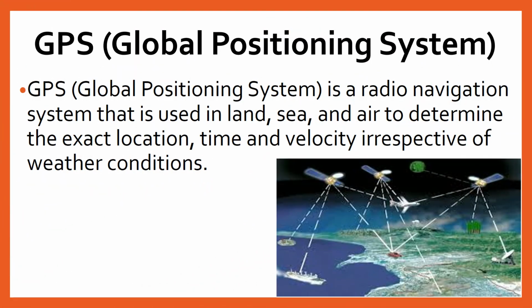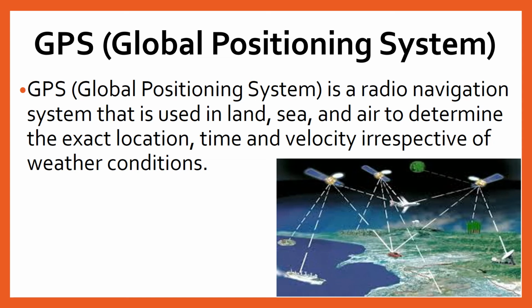Students, over the years, people have been using different techniques to navigate across the world. Traditionally, people used to depend on landmarks and stars to travel between different locations. But the discovery of GPS made people no longer rely on these traditional techniques to find their way. So, what is GPS?